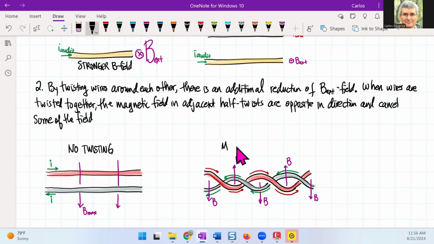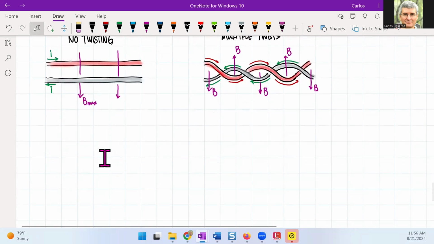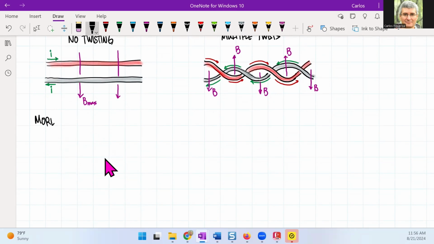So this is with multiple twists. So when I'm looking at this thing, I could say then that more twists give a better cancellation of the external magnetic field.